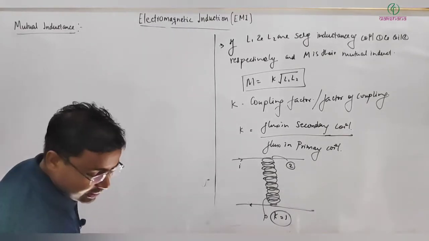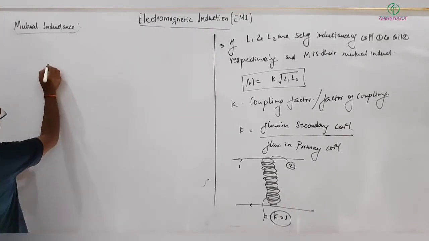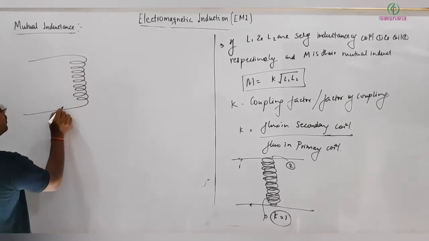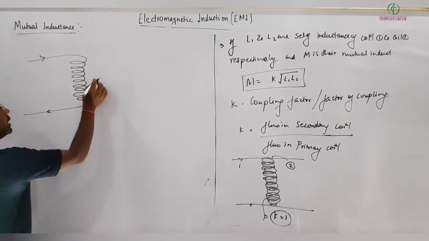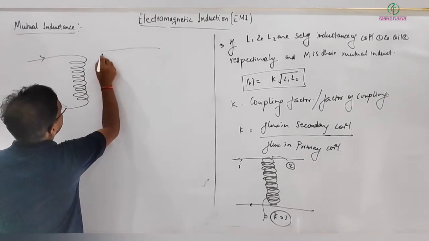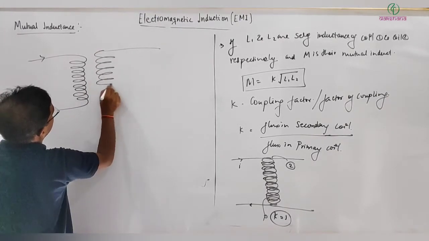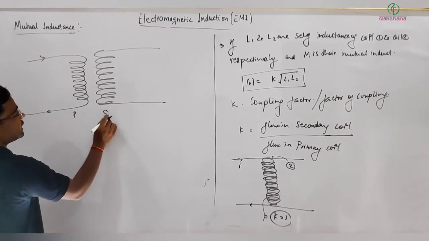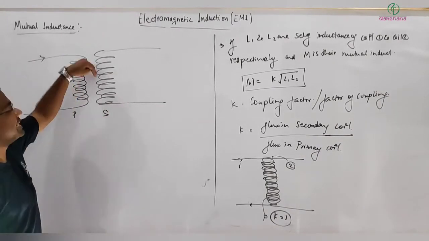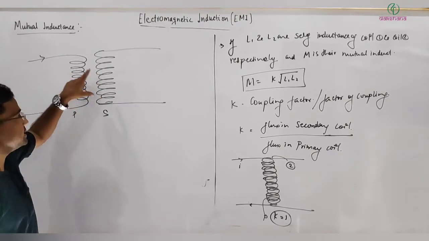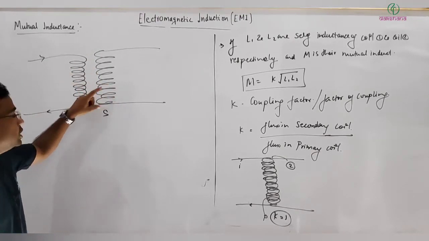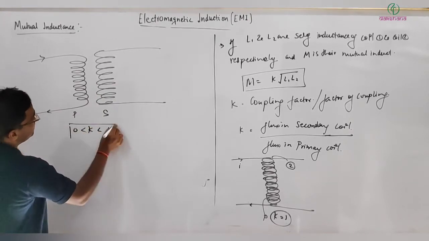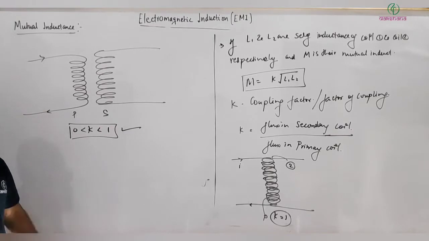In a situation like this, with current flowing in the primary and a secondary coil placed here, magnetic field lines will be there but complete flux is definitely not linked into this coil. So K will be less than 1, and also greater than 0, because some amount of flux will be linked.